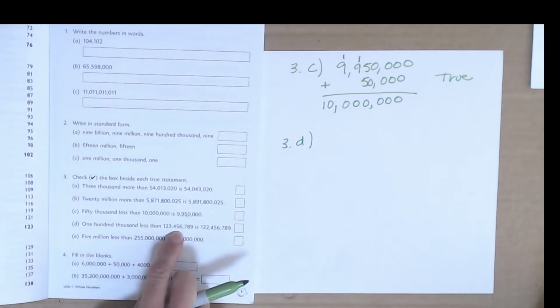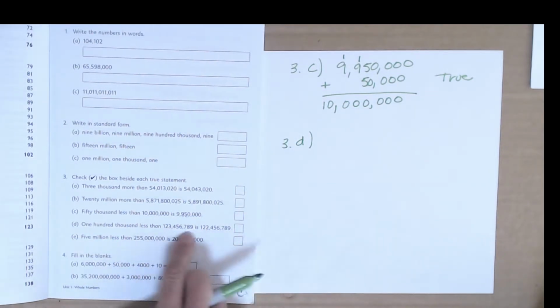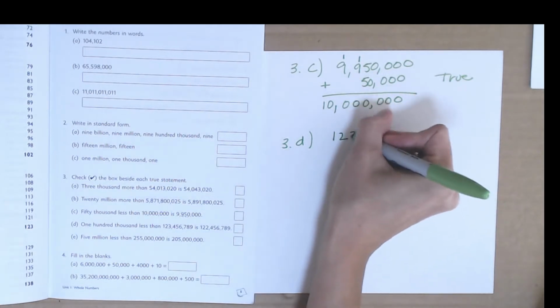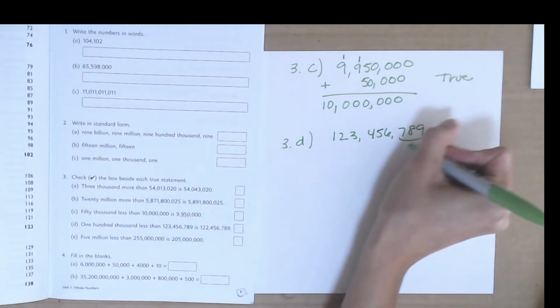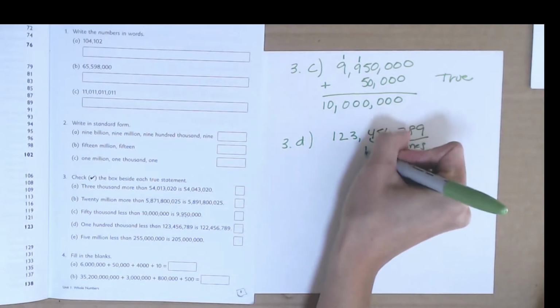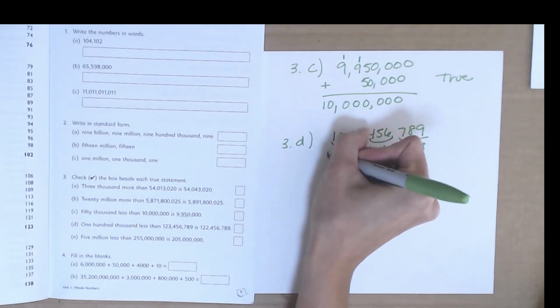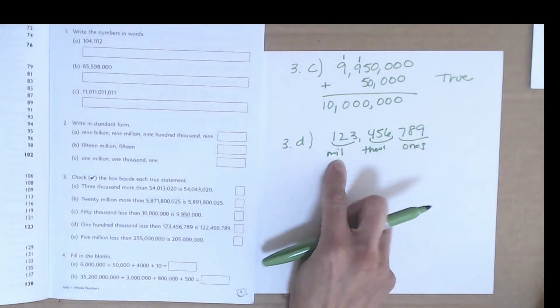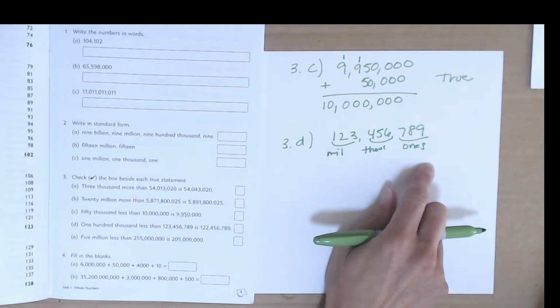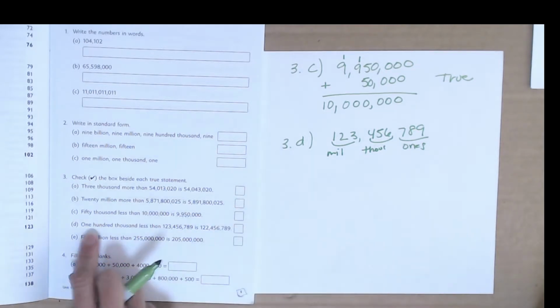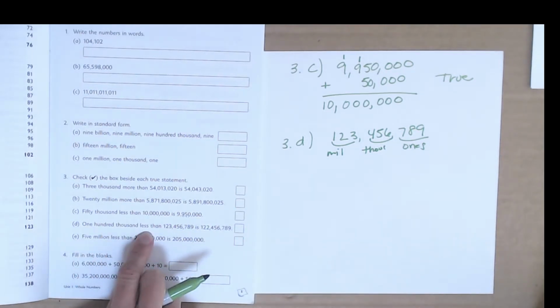100,000 less than this number is this number. Let's write down the first number and let's say it first. So we have ones, thousands, millions. So we have 123,456,789. Now we want to know 100,000 less than this.